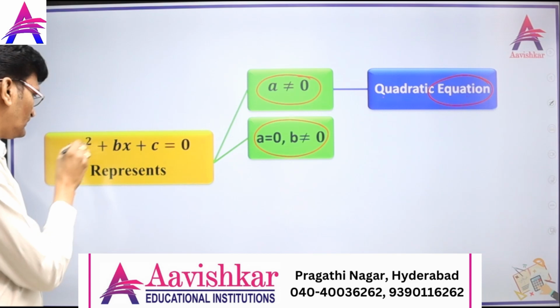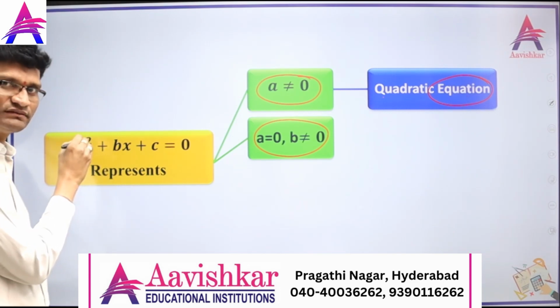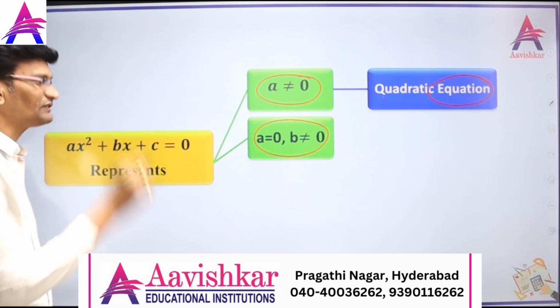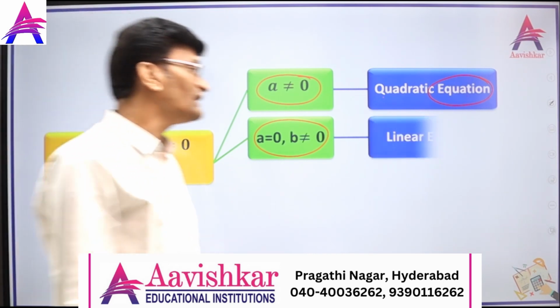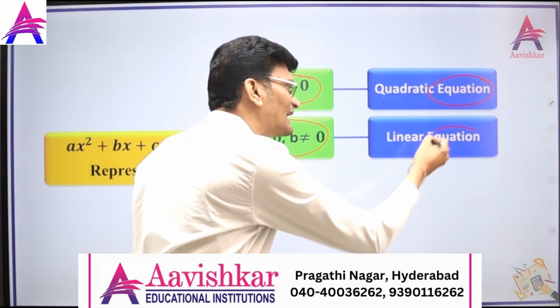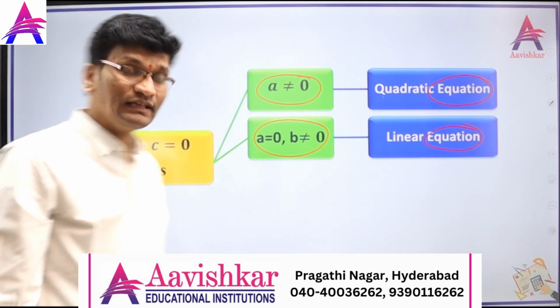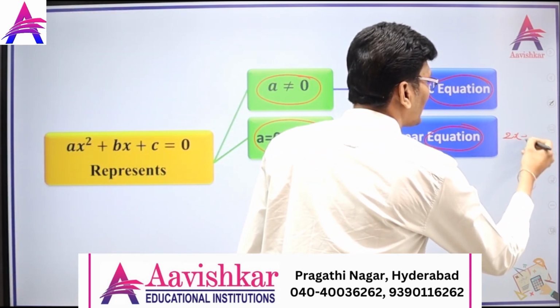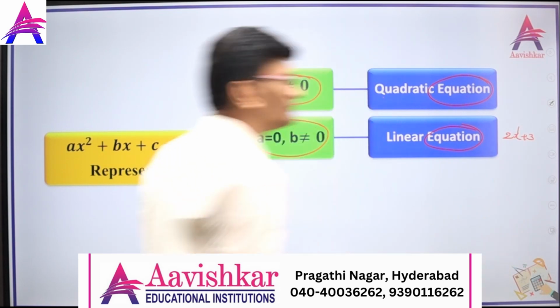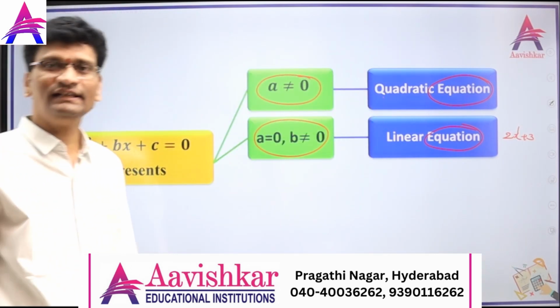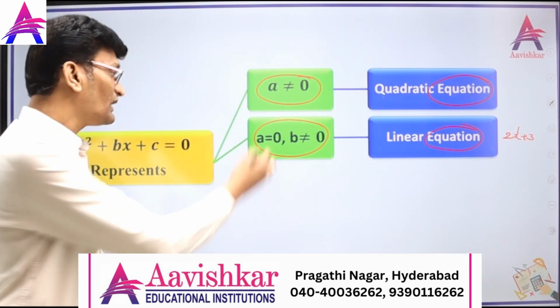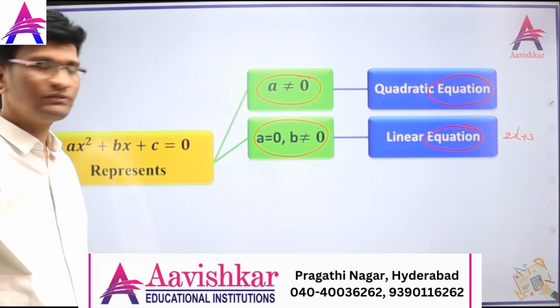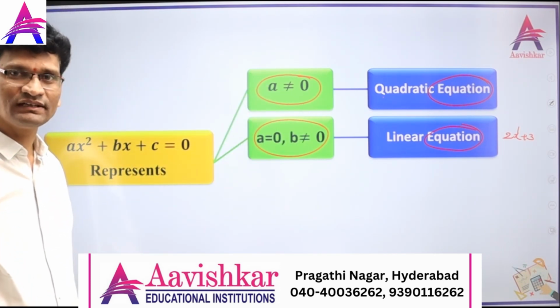If a is equal to 0, this term will vanish. Then you will get the bx plus c form. Therefore, it is said to be a linear equation. Linear equation means of the form, for example, I am writing here 2x plus 3. Here the degree is 1, then it is called linear. So if a is equal to 0 and b not equal to 0, we say linear equation.